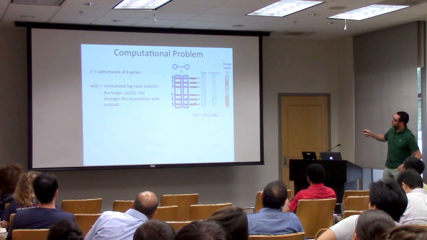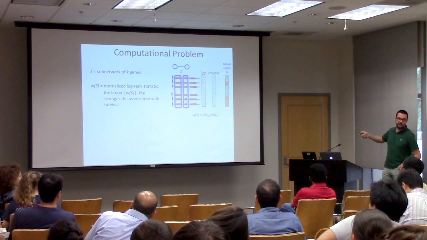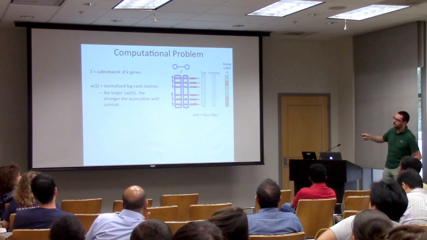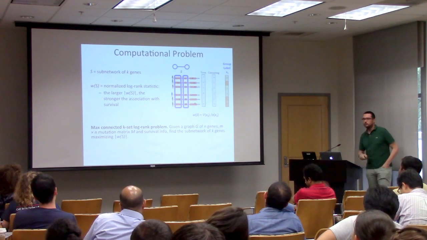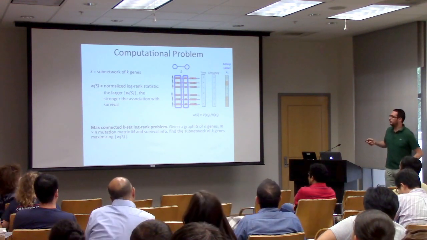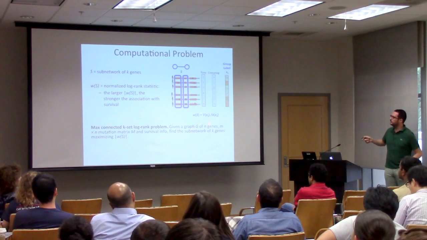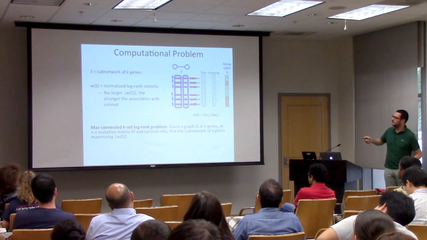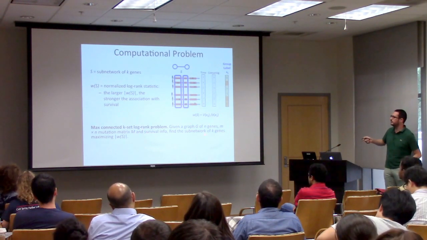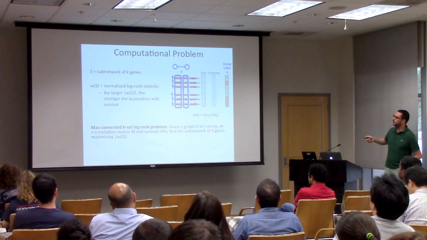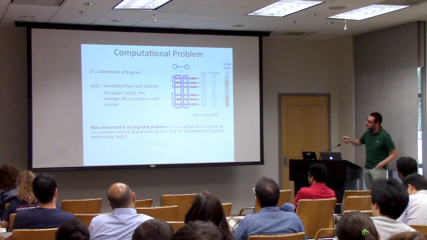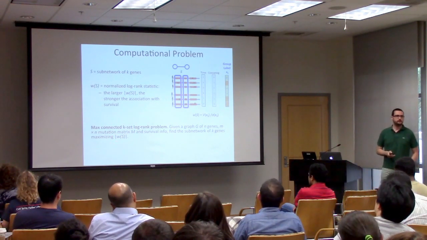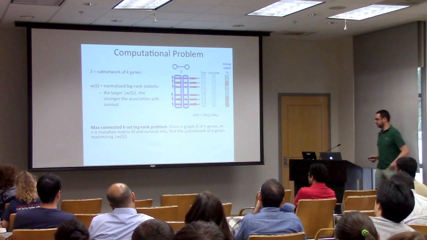And the log rank statistic for this partition, I can look at it as a weight, the weight of the set S of genes. So I can now specify completely my problem and say that given the graph G of n genes, the mutation matrix M, the survival information for the patients, I want to find the subnetwork, the connected subgraph of k genes that maximizes this weight. Okay, so this is the problem I want to solve.